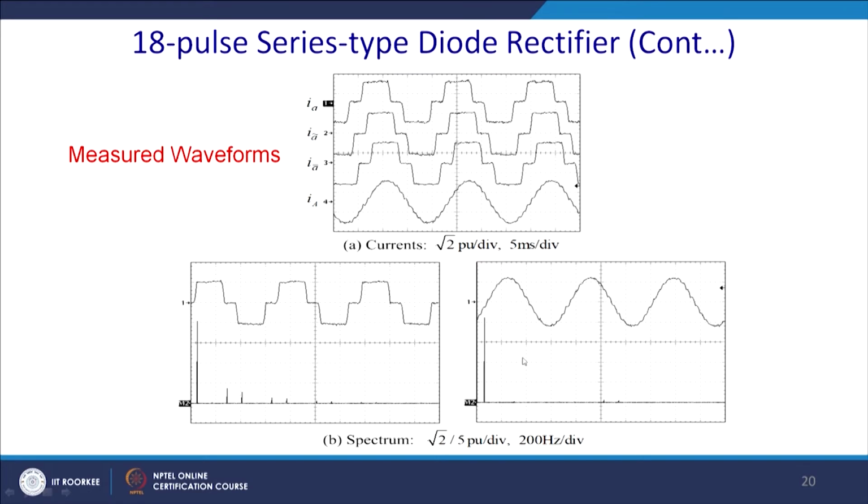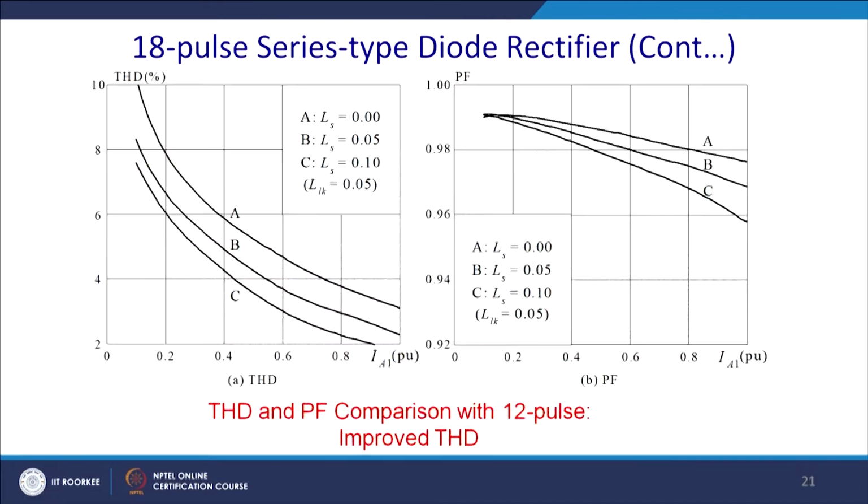You can see this is the harmonic spectrum of the primary of this 18 pulse converter. Similarly, the same analysis can be continued as we have done for the 6 and 12 pulse cases. You can see that at a low load current, of course, THD is going to be higher.